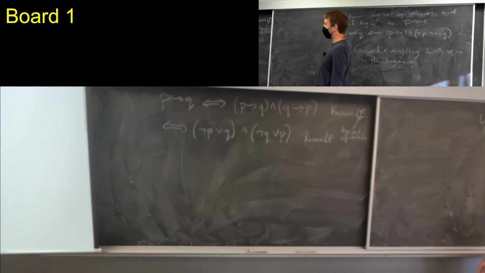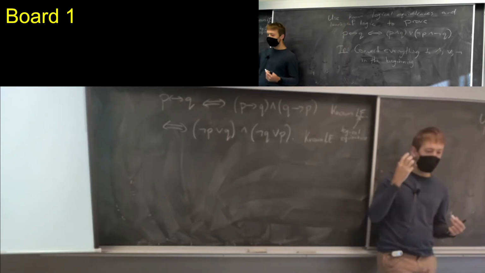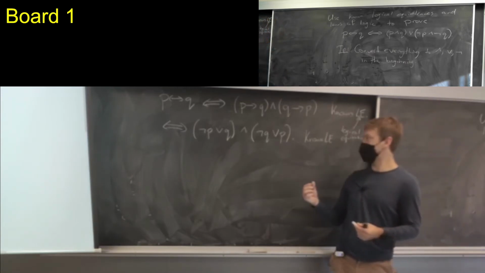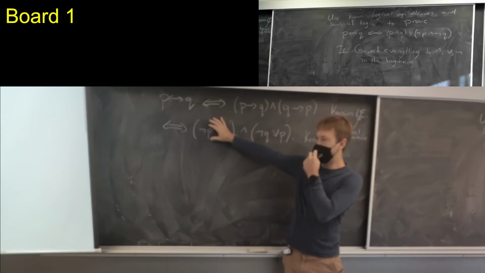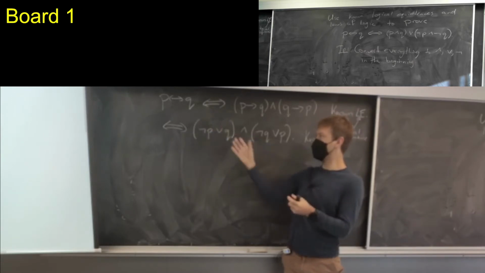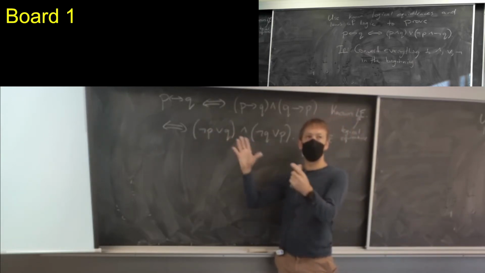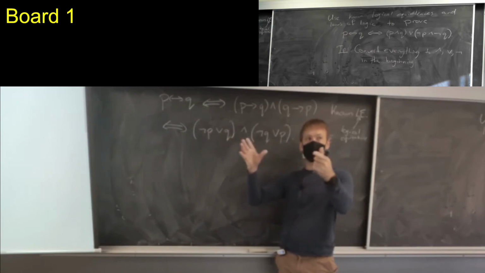Maybe it's not clear what to do next, but what I see here is, imagine this part as just being one statement by itself. I mean, it is one statement, but it looks complicated.